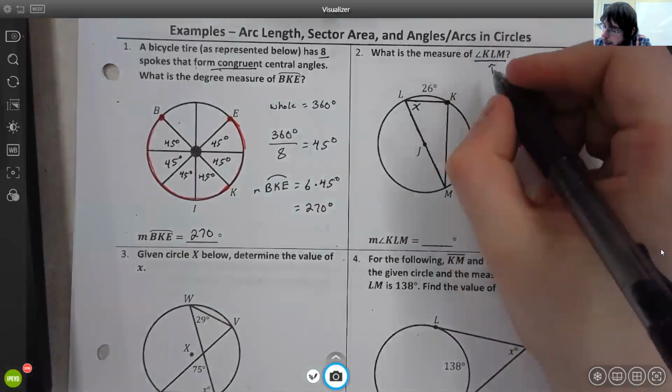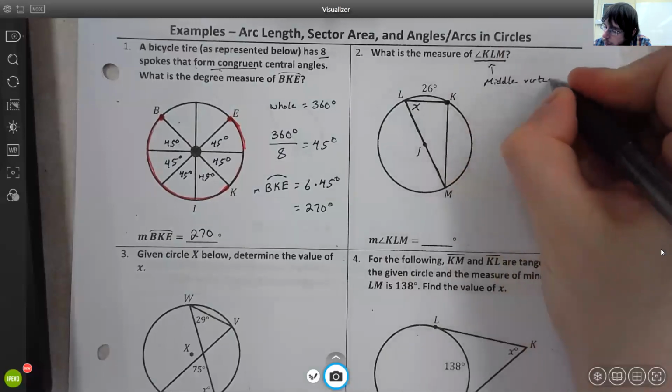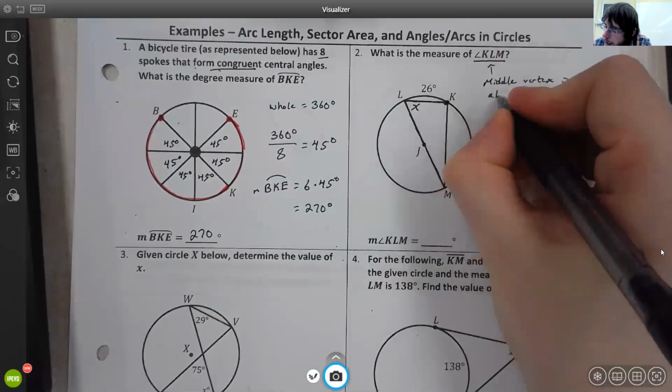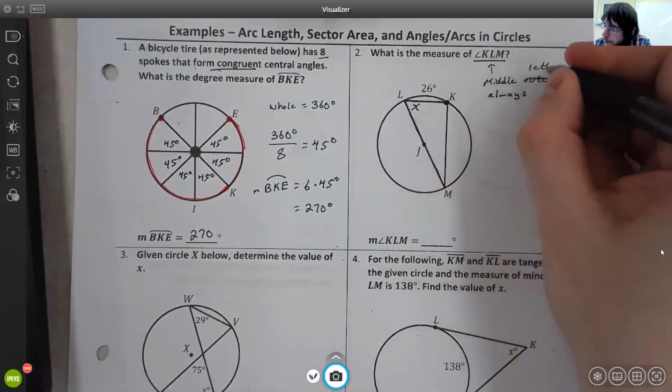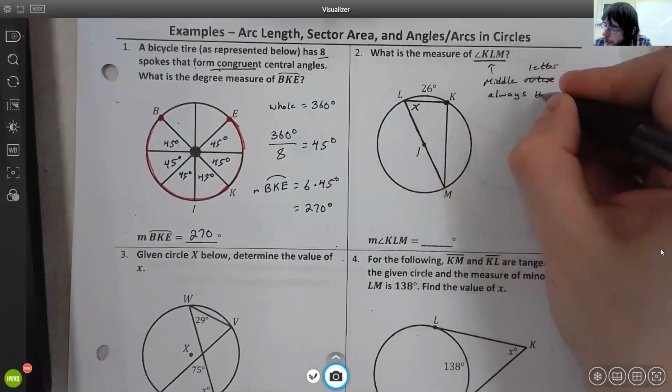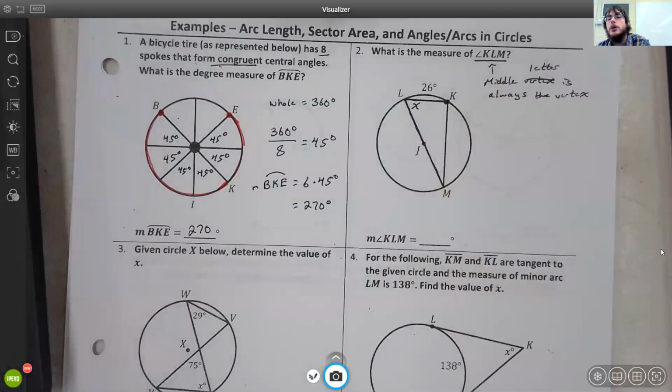Now the thing is, the middle letter of your angle is always the vertex.